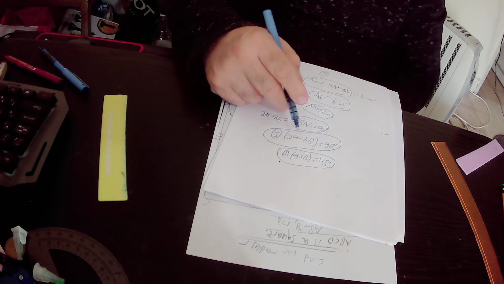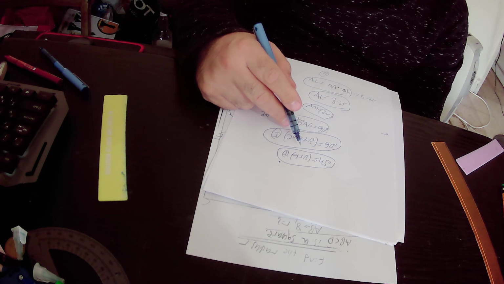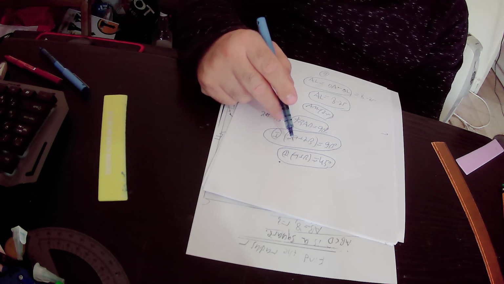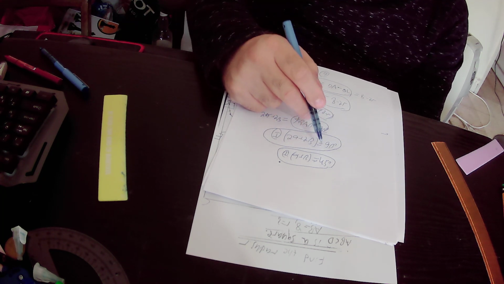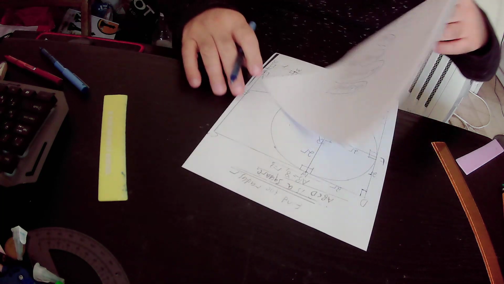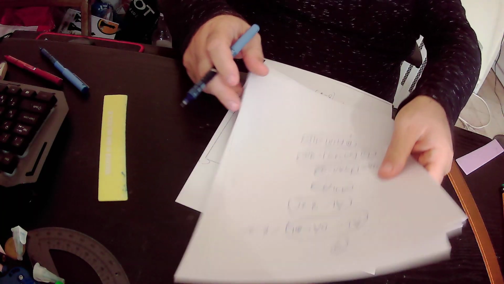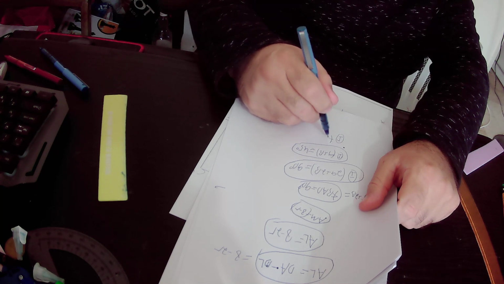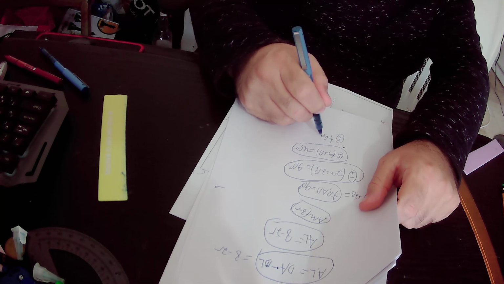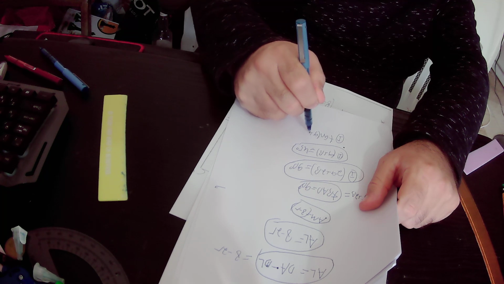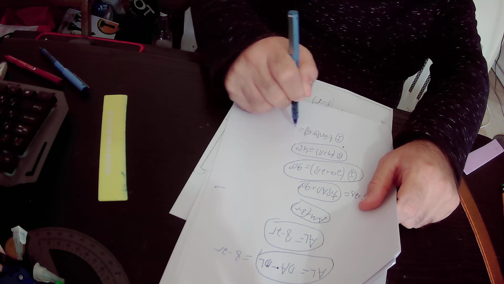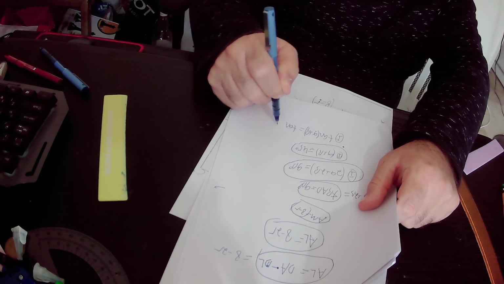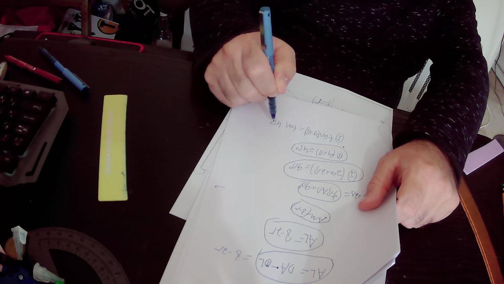If alpha plus beta equals 45 degrees, then tangent of alpha plus beta will be equal to tangent 45 degrees.